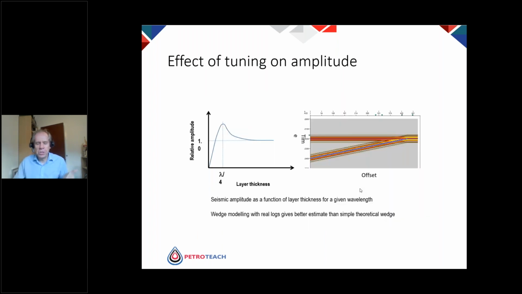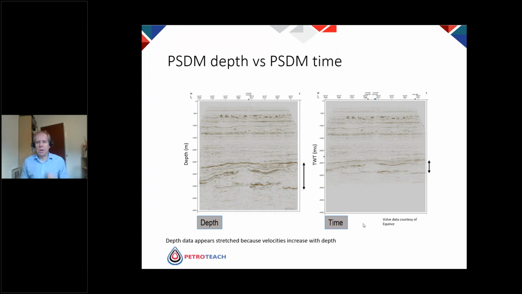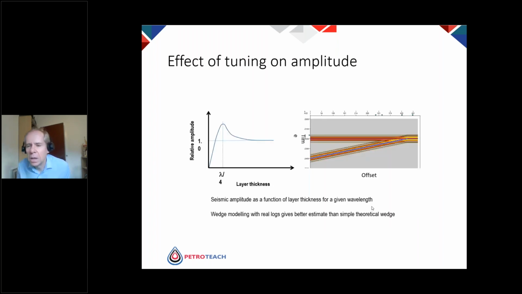We want to look at the properties of our layers, our reservoir. One thing we've got to be careful about is tuning. I don't know if it's Murphy's law or one of these laws that says the thing you want is the thing you just can't quite get.